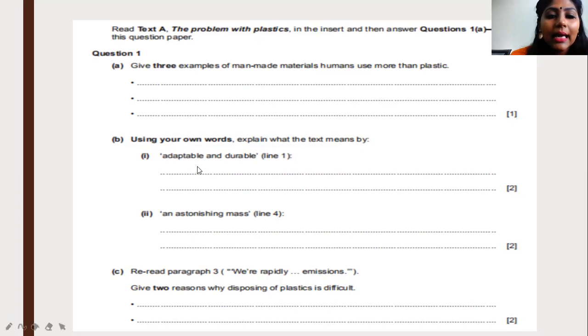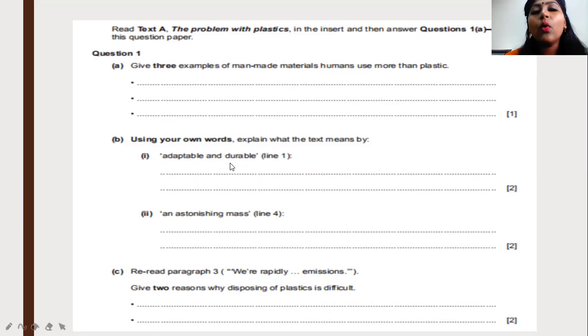When you see here adaptable and durable, and look at the mark allocation, it's 2 marks. Therefore, your answer should consist of two key translations of the original idea. That means you need one idea for adaptable and the other idea for durable.